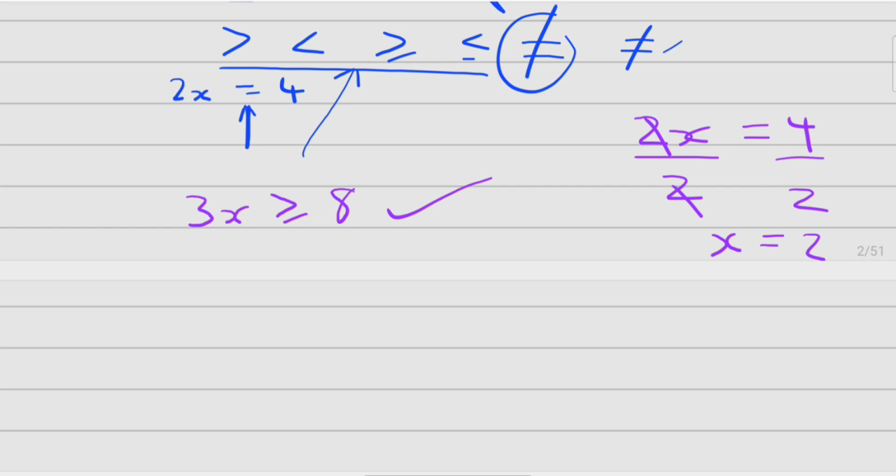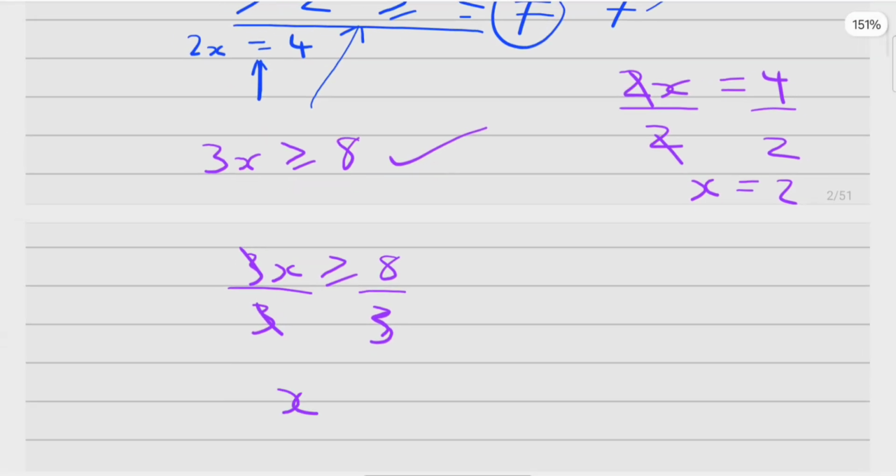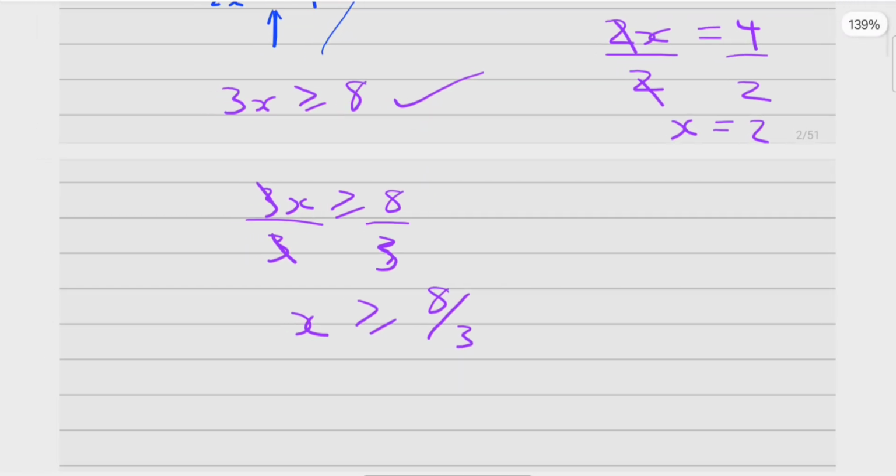So we divide by 3 both sides. 3x, let me just rewrite this. Then we divide both sides by 3, right? So x will be greater than or equal to 8 over 3, right? And that will be our answer, right?